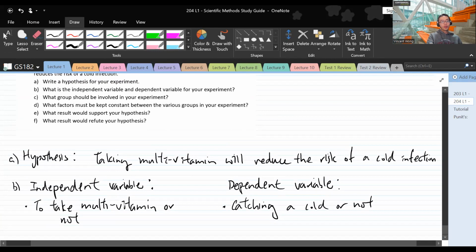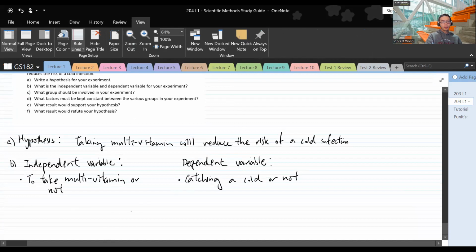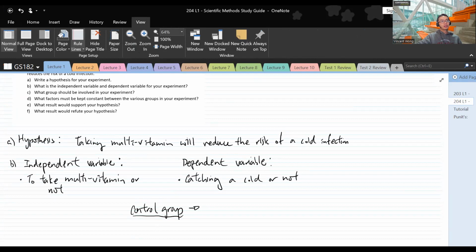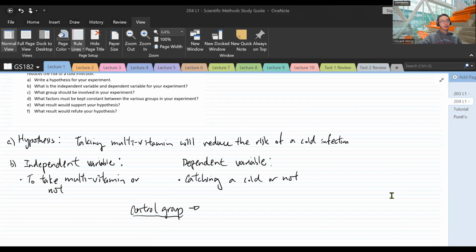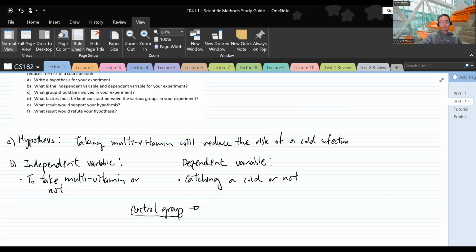Okay, so what group should you involve in your experiment? We probably have a control group. Right? So what would the control group be given? What should we give them? Should we give them vitamin or no vitamin? Vitamin. Okay. Thank you. Anyone else? Does everybody think we should give the control group vitamin?